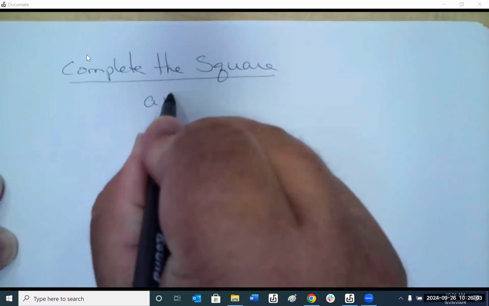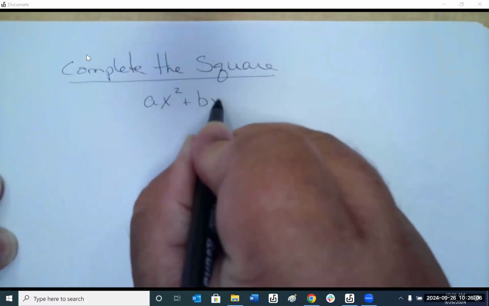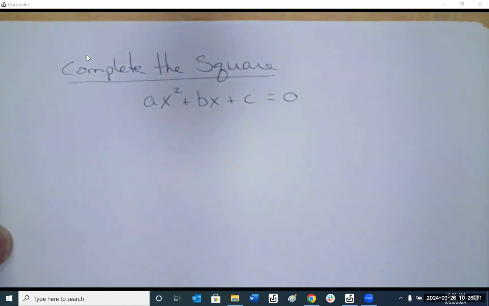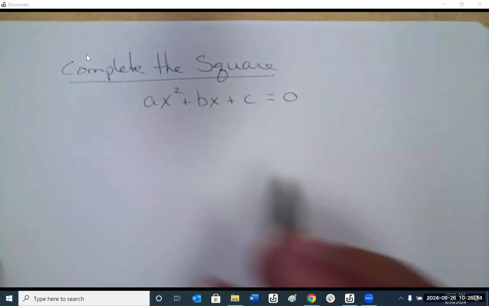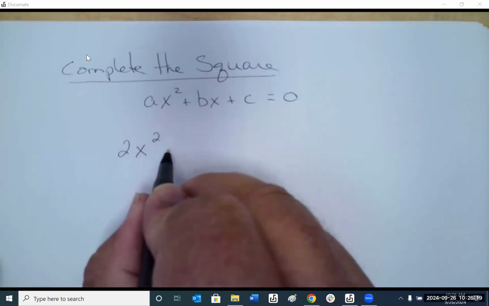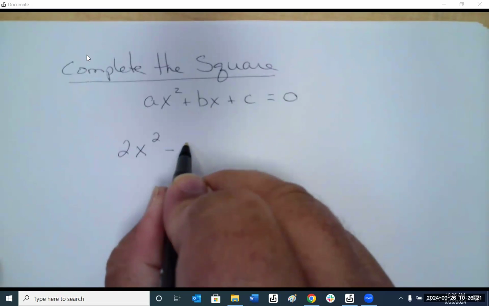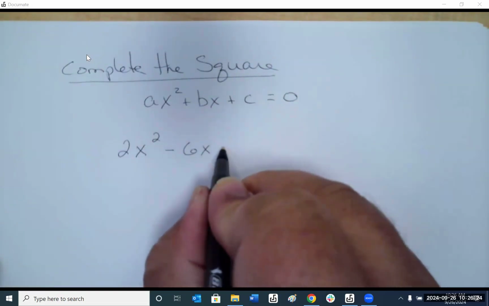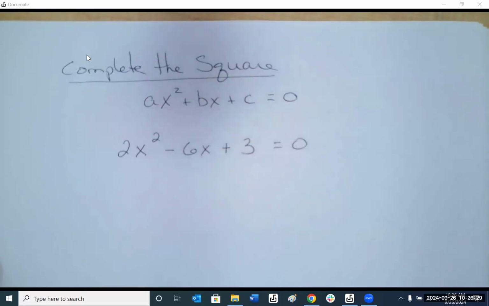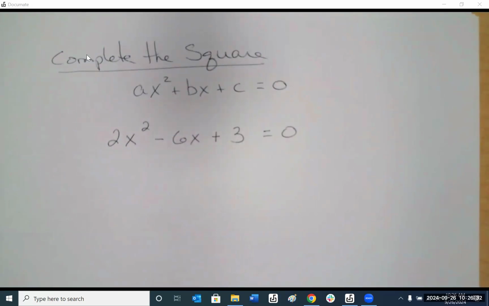Remember, we have our equations in this form. They have to be equal to 0. We could have done the last one like this, but this is the general step.